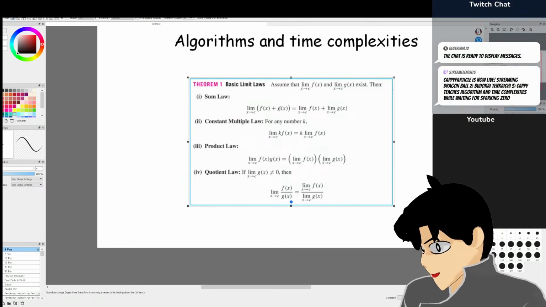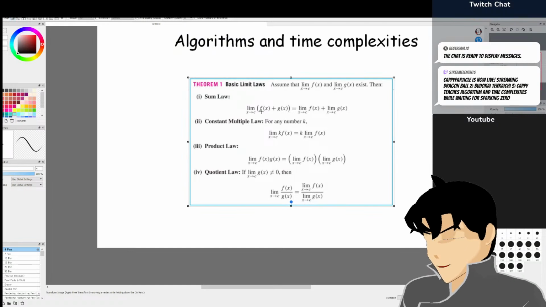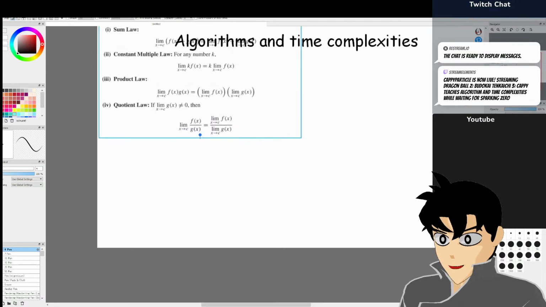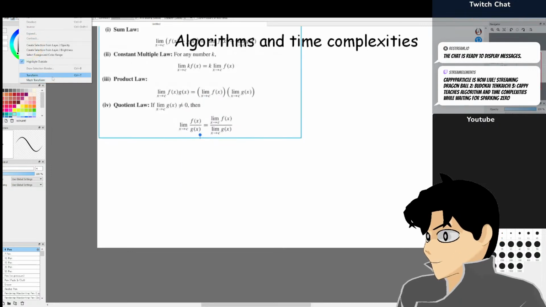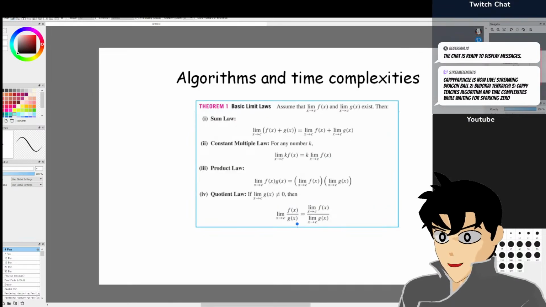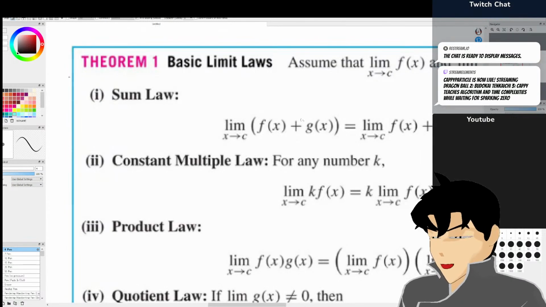This is basically typical algebra, so it's like limit times f of x plus g of x. What you can do there is multiply into it, because it's like a bracket.